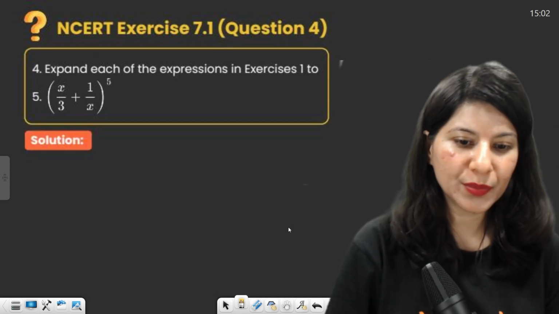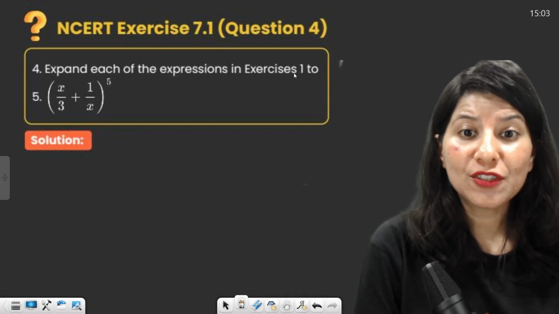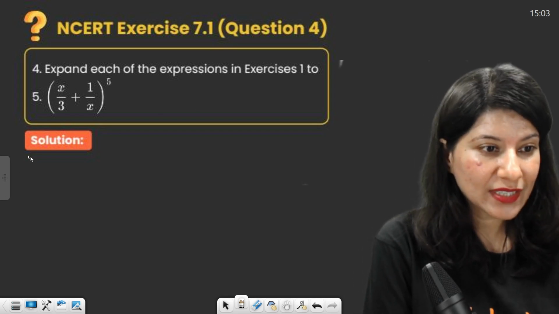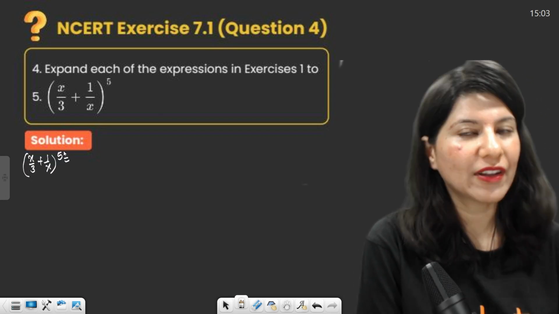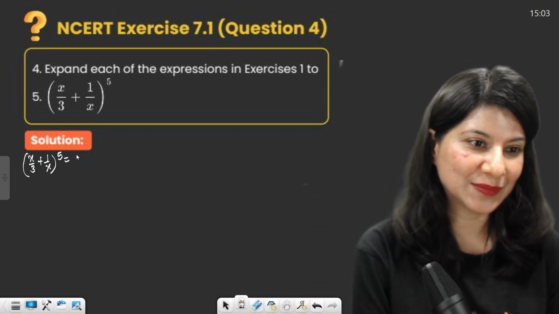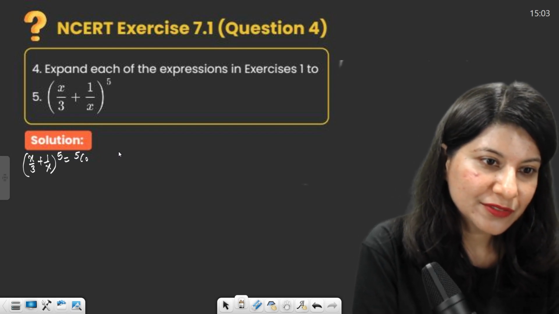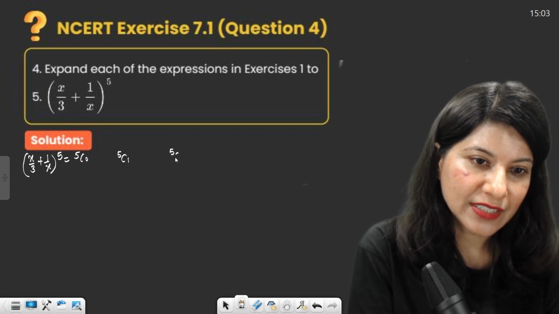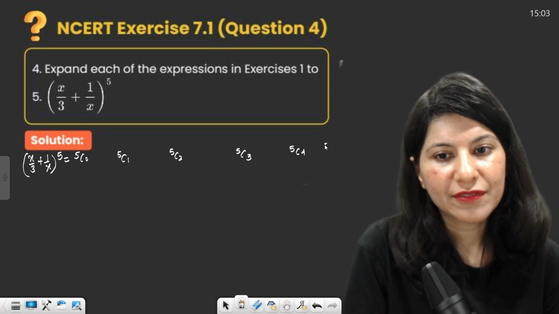Let us move on to question number 4. All right, expand each of the following expression. Again, same thing. x by 3 plus 1 by x. Thankfully, this time 5 terms. 5 terms I like because it fits in my space. 5C0, 5C1, 5C2, 5C3, 5C4, 5C5.